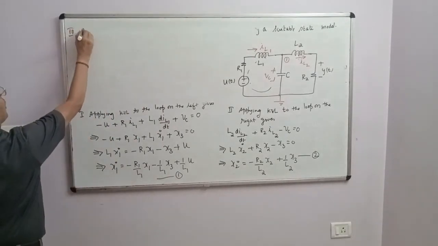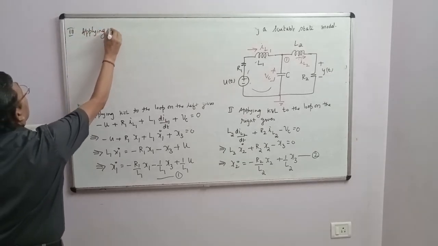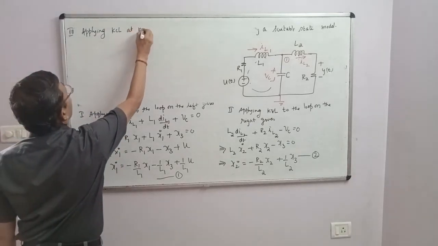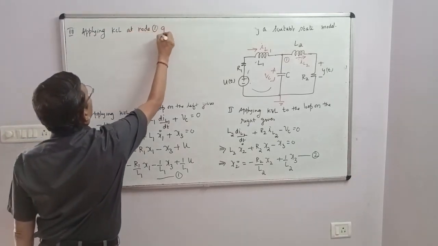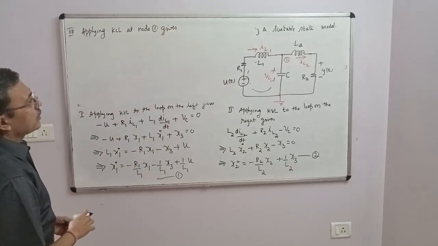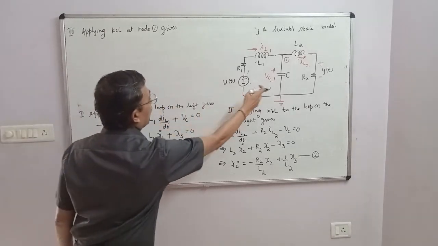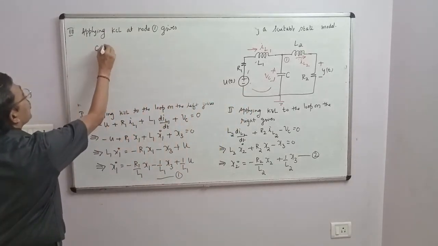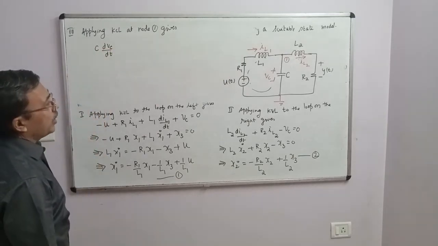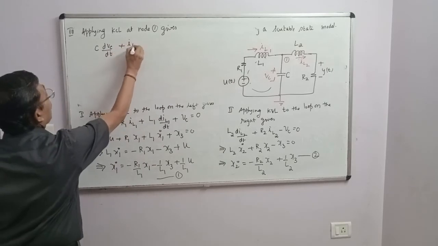Step 3. Applying Kirchhoff's current law at node 1 gives IL1. What is the current through the capacitor? It is C into dVc by dt. This current is leaving node 1. IL2 is also leaving node 1.